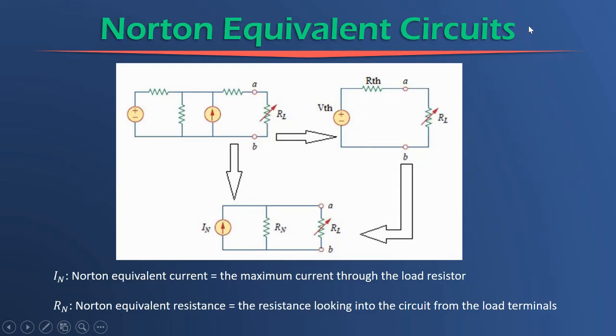It should tell us that the value of Rn will always be the same as the value of Rth. So therefore we know that Rn will always equal Rth. And if we were to determine IN, say we had calculated the Thévenin equivalent circuit, we can then determine it using Ohm's law, to say that IN is equal to VTH divided by Rth.